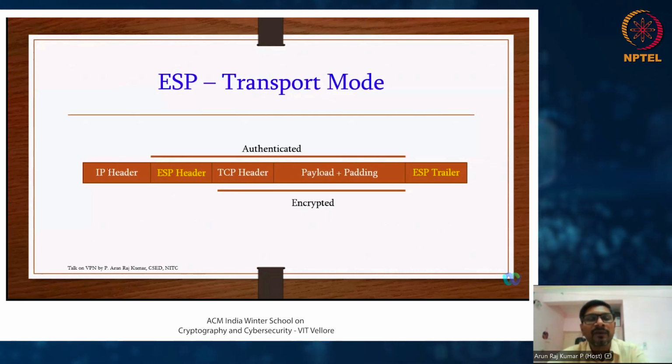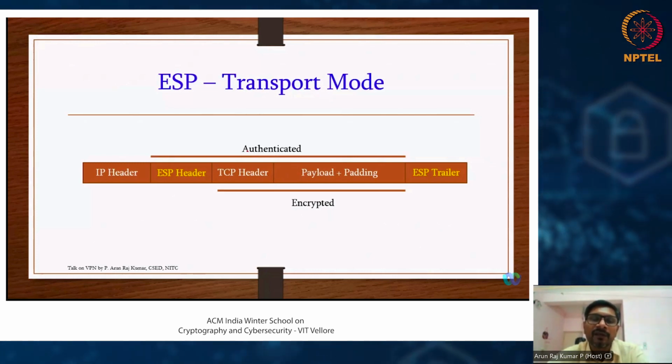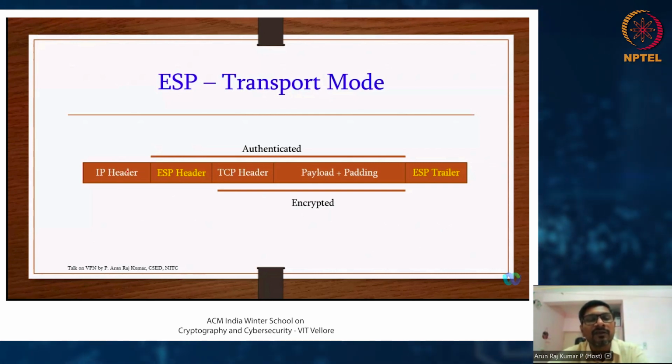But the IP header is not encrypted. In transport mode, the IP header information is not hidden, which means confidentiality is not provided from the sender perspective. We will be able to know who is the sender and who is the receiver in this case.